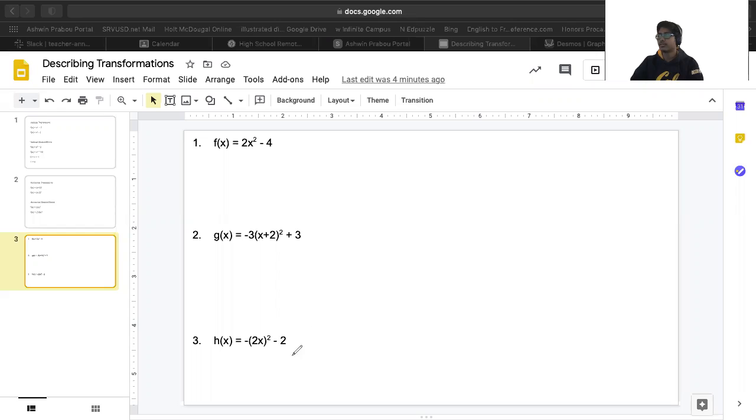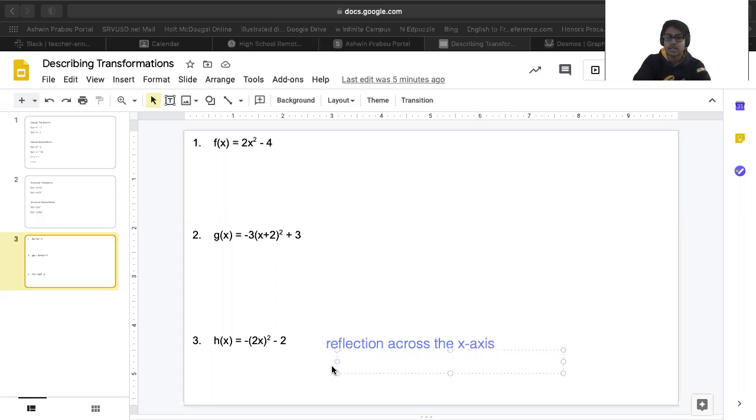So we know that the negative would be a reflection across the x-axis. I think it would be easier if I just wrote it in text. So reflection across the x-axis.